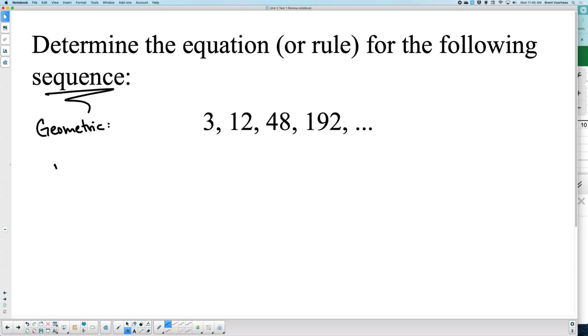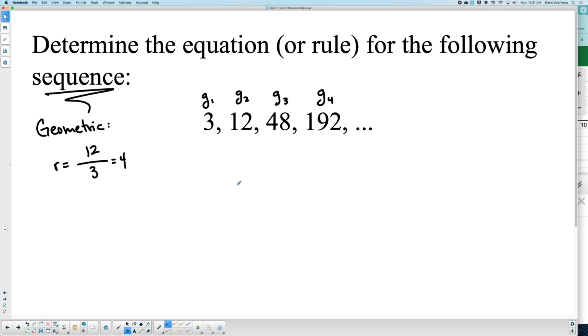If you want to find the common ratio, Randy tells me it's 4. What you do is you take any term and you divide it by the one that came before it. So if I took 3 and 12, what is 12 divided by 3? 4. That's your common ratio. So I'm going to call this G1 here. This is G2, this would be G3, G4, and so on.